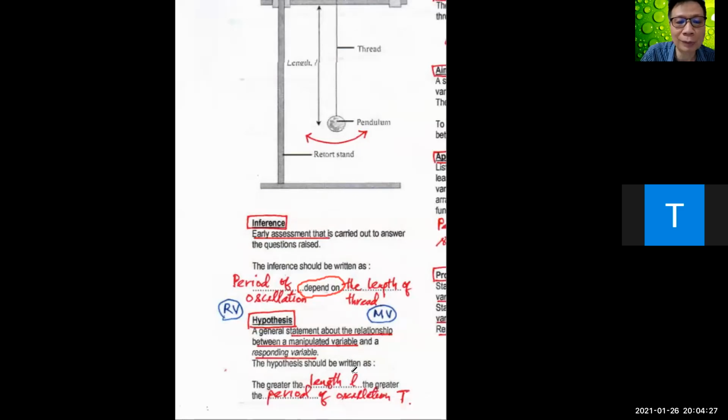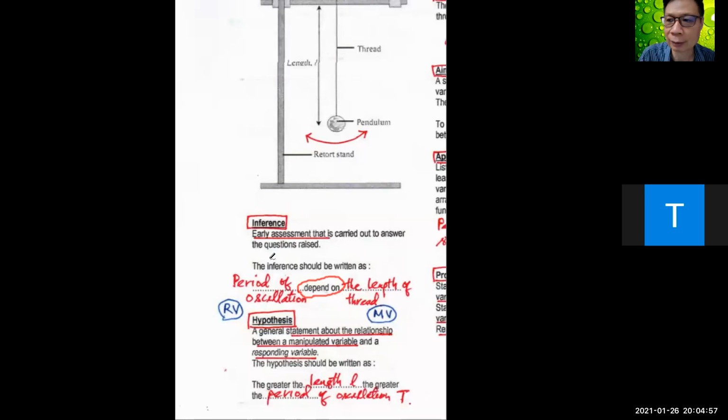You might put a symbol also. 那个 symbol 要放下去啊。The greater the length, length is L. The greater the period of oscillation, put T. 时间是用 T 的 period. You understand the hypothesis or not? Can you understand how to write the hypothesis? The meaning of hypothesis 这边就是说，他讲它的关系咯，两个东西的关系。So the relationship is what?